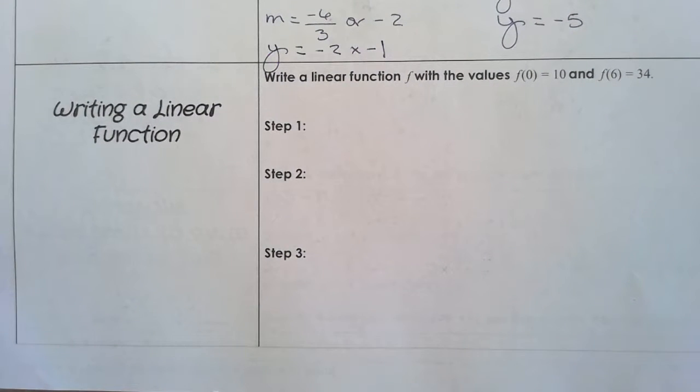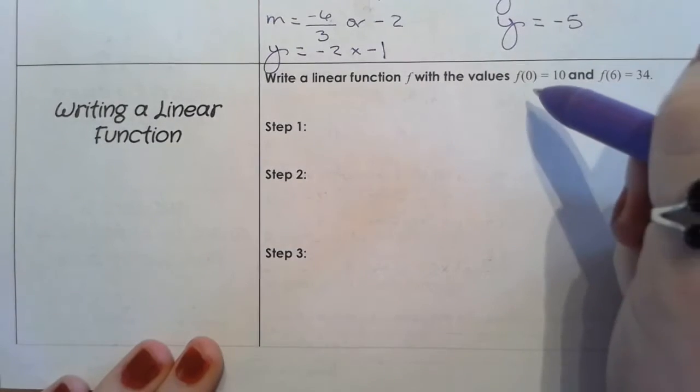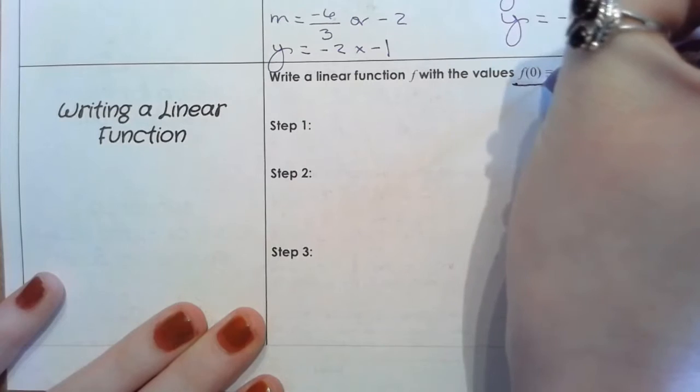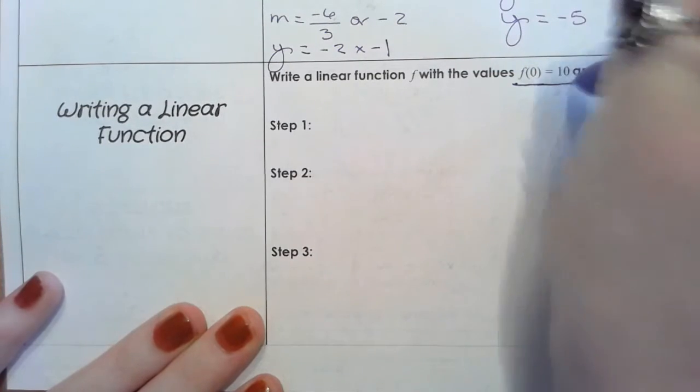So we have, write a linear function f with the values f of 0 equals 10 and f of 6 equals 34. So this is just a different notation that we're not used to yet, so that's kind of why I wanted to talk about it. So if we have this right here, this means f of 0 equals 10.